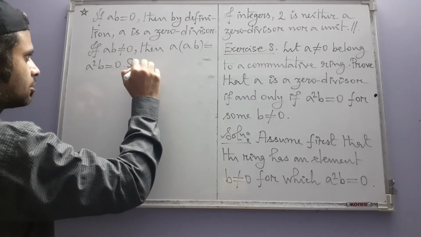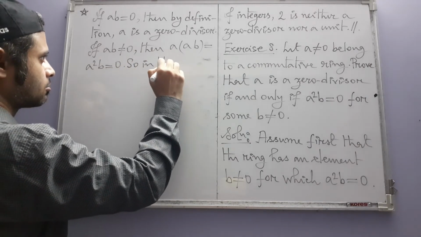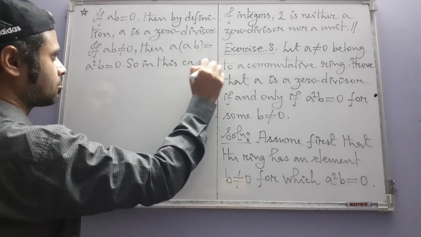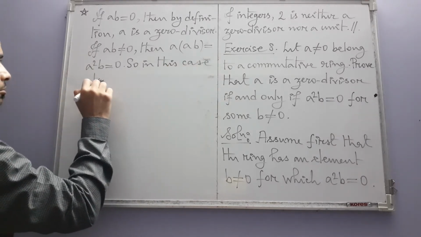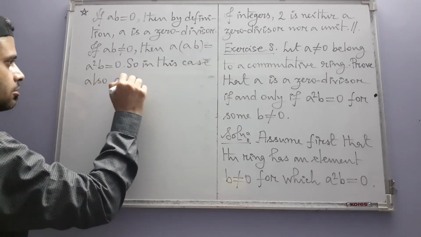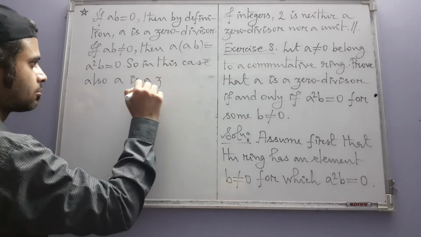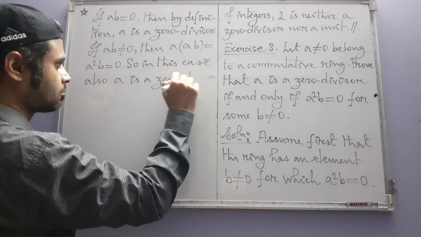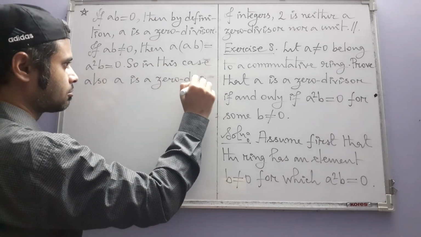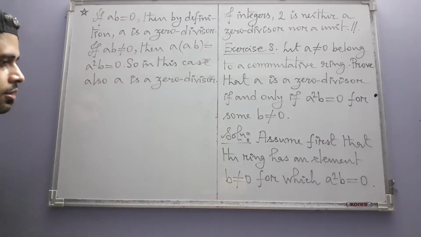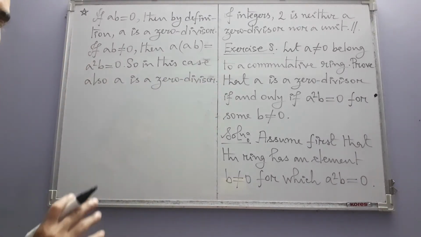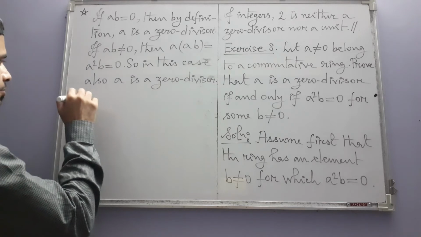So in this case also, A is a zero divisor. So one half of the claim has been established.